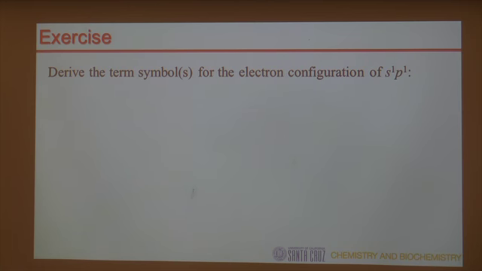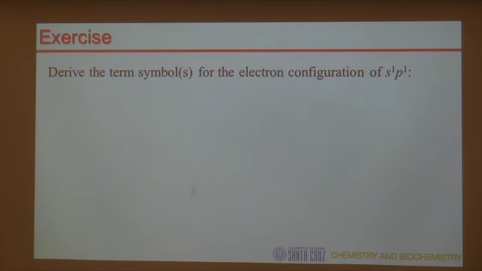Okay, let's do it together. We have this electron configuration, with S and P orbitals, and each has one electron. So how can you assign the two electrons into the two orbitals? One way is with the two electrons spin up. Can we have another situation? One up, one down.